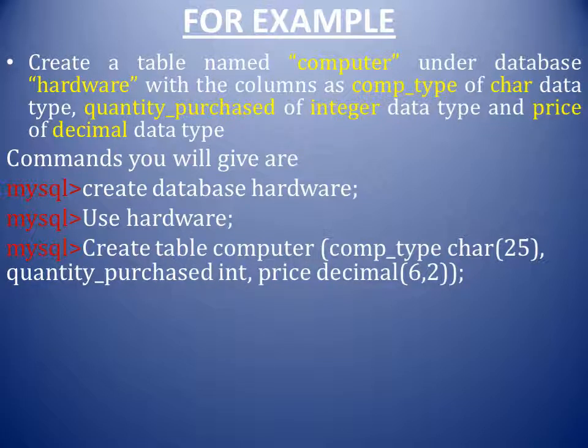Here you might have noticed that instead of giving space, we have used quantity underscore purchased. The reason behind this is that while naming a column, we should not use any kind of symbols or spaces except underscore. Secondly, every column name should start with an alphabet.